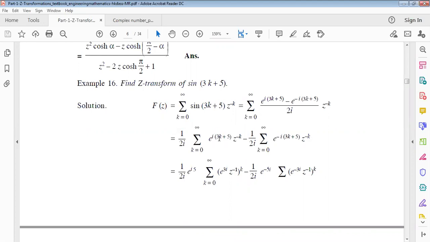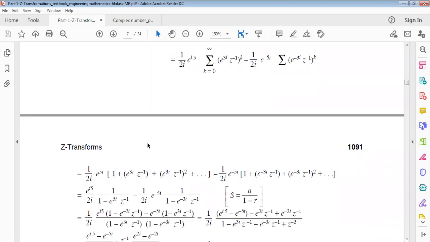Separating these, we get e to the power 5i as a constant, with the sum for k equals 0 to infinity, making k a common power. Now for the second series also, e to the power minus 3i z to the power minus 1, to the power k, common power k.